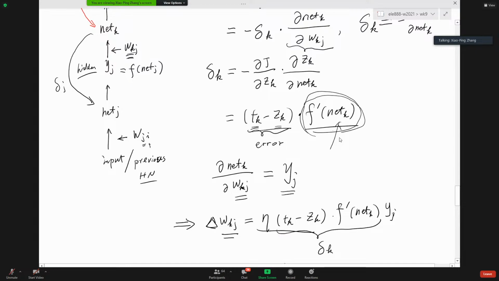So, can we use a sign function to apply this backpropagation algorithm? If we use sign function, what could happen when we do this backpropagation? What's the derivative of the sign function?